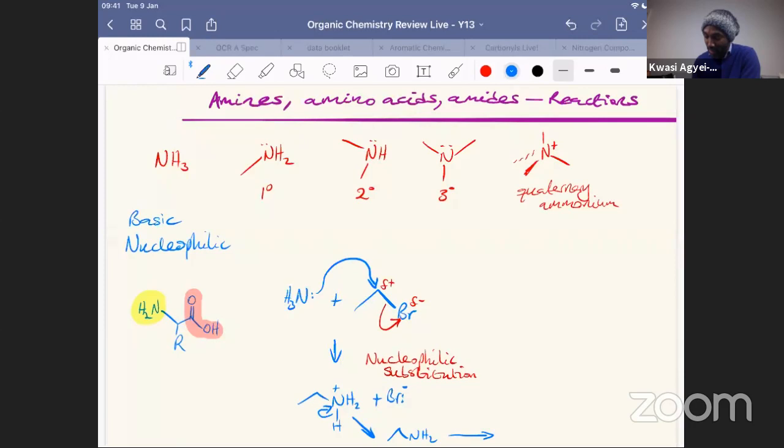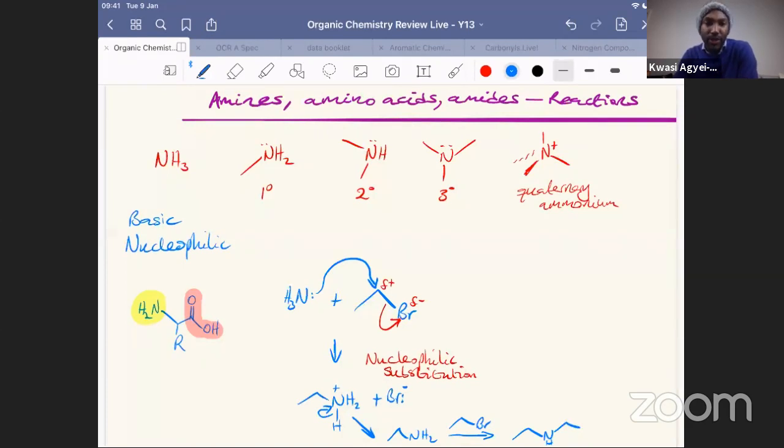We do this in blue. If we had some more of that, then you would go on to form this species here. And that would be an example of a secondary amine. And again, that would be via a nucleophilic substitution mechanism.